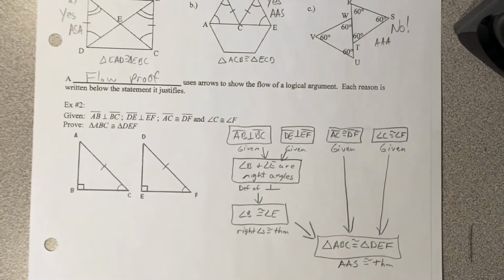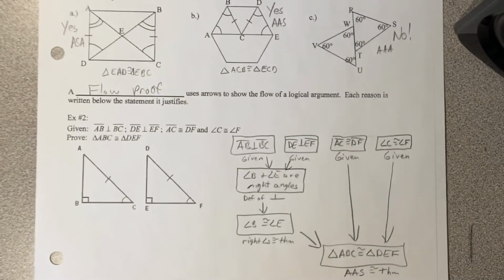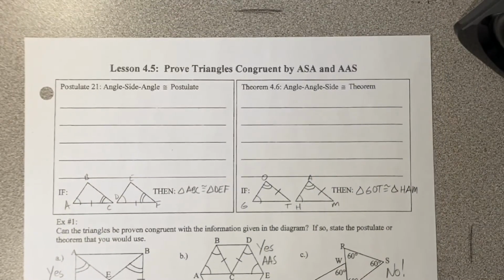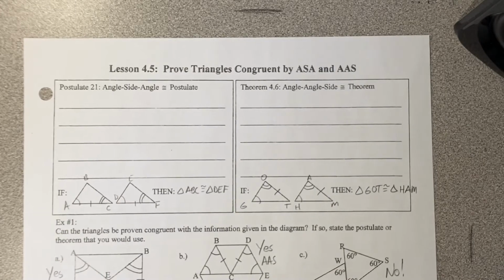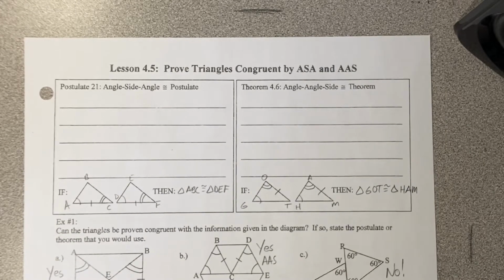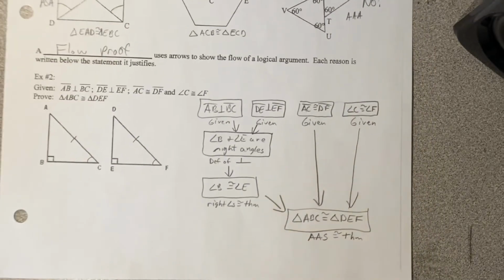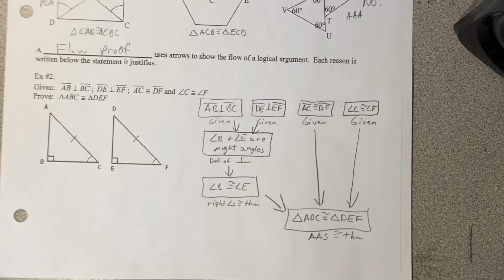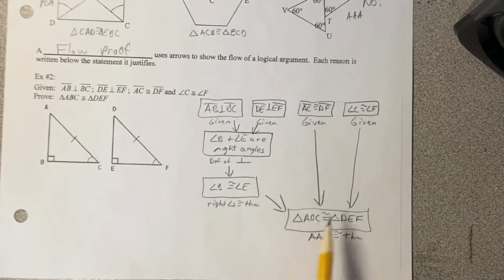All right, Geometry Honors. Second part of lesson 4.5, we're looking at angle side angle and angle angle side as methods for proving triangles are congruent. And last thing we did was a flow proof, and I actually really like flow proofs because you can kind of work backwards in a very precise way.